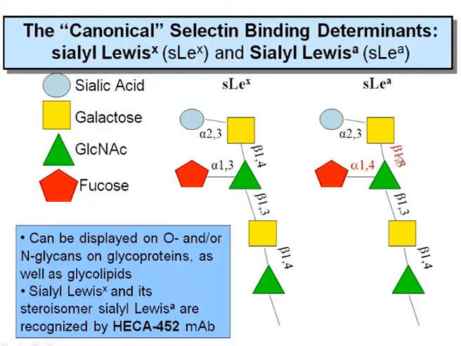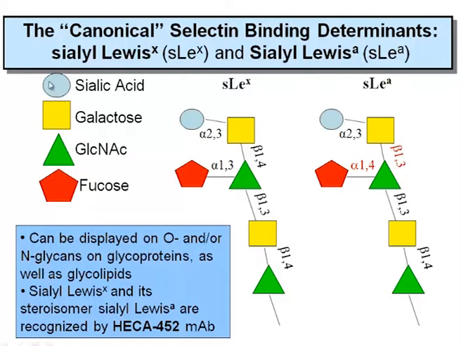In that case, the fucose that's attached to the N-acetylglucosamine is in an alpha-1,4 conformation in sialylated Lewis A and an alpha-1,3 conformation in sialylated Lewis X. And in each case, the sialic acid is linked to galactose in an alpha-2,3 conformation. Now, importantly, these motifs can be expressed on O or N glycans of a core protein and can also be expressed on glycolipids.